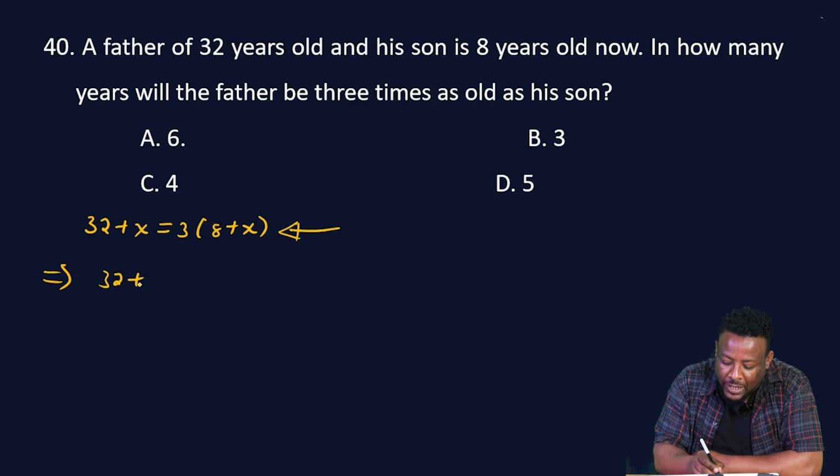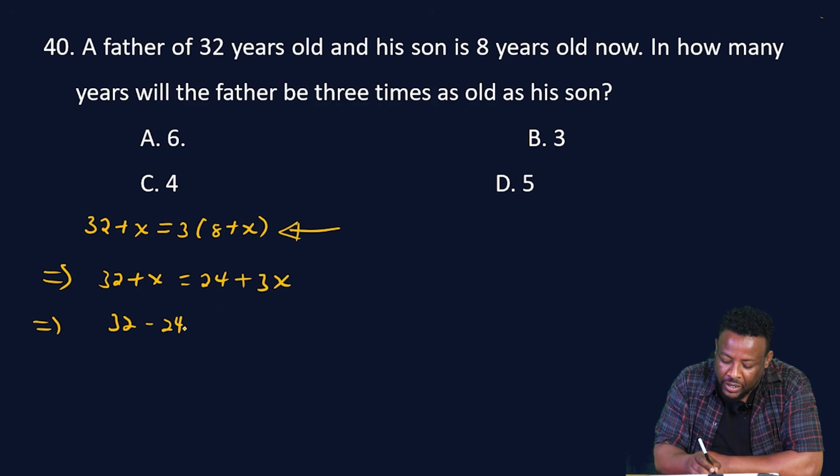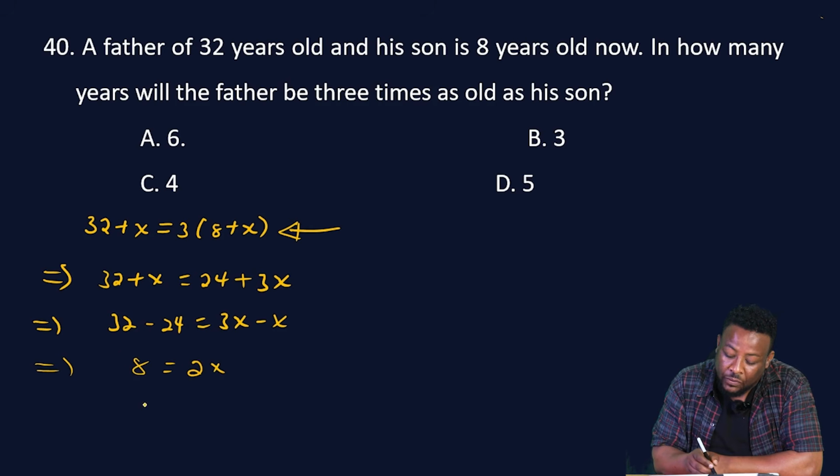Solving for x, 32 plus x becomes 3 times 8, which is 24, plus 3x. Collecting like terms, 32 minus 24 equals 3x minus x. This means 8 equals 2x. Dividing both sides by 2, x becomes 4.